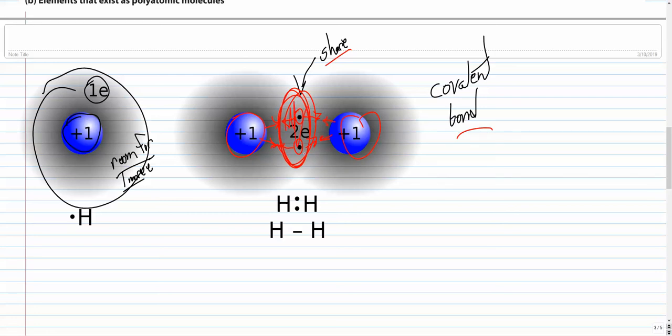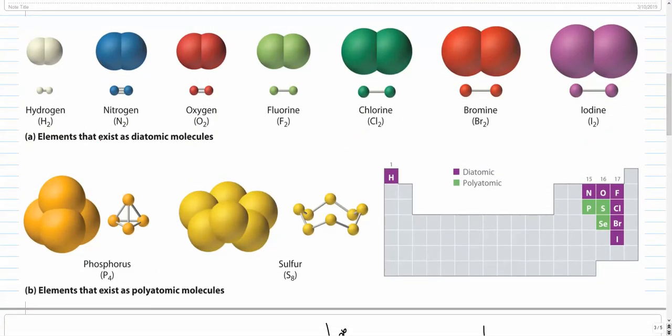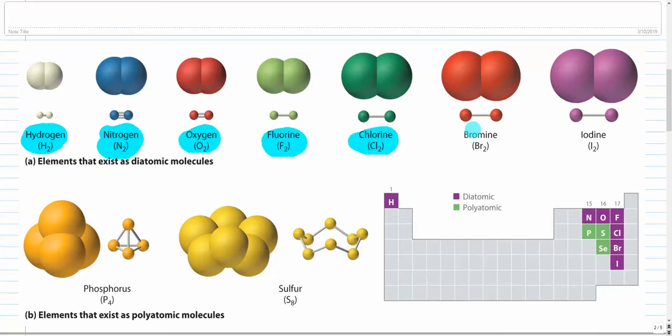So who does this? Like we said, this is nonmetals. And somebody made this awesome picture. And here are the big 7. There's hydrogen, gets together like that, nitrogen, oxygen, fluorine, chlorine, bromine, and iodine. Those are the 7 that get together in pairs. We call those diatomics. Di for 2 and atomic for atoms.